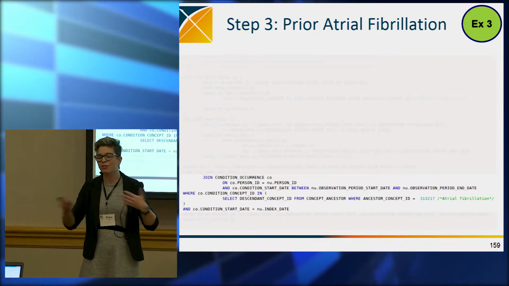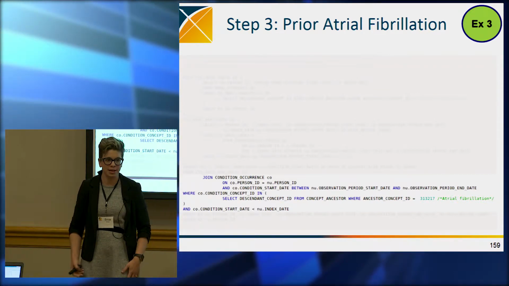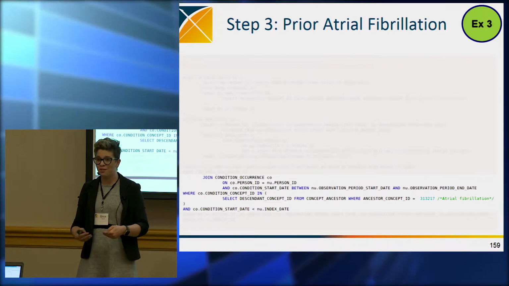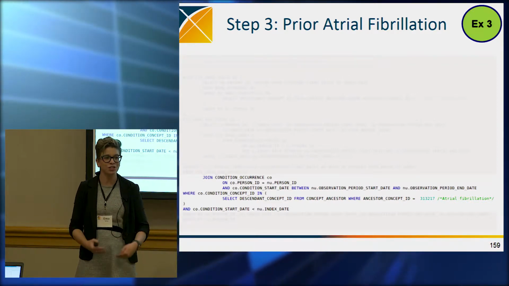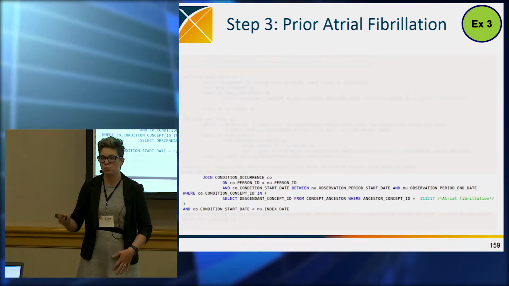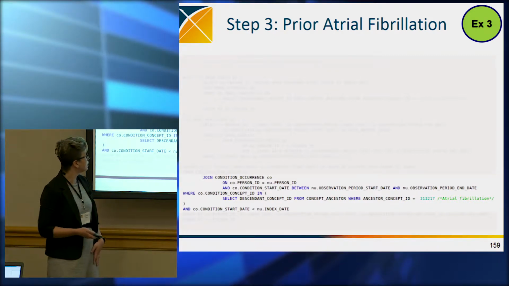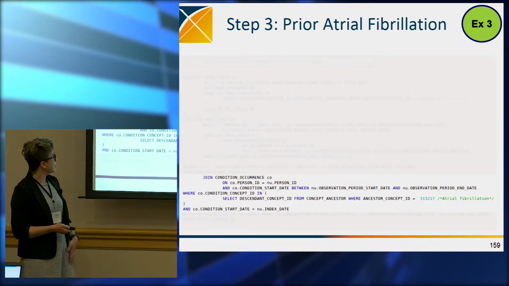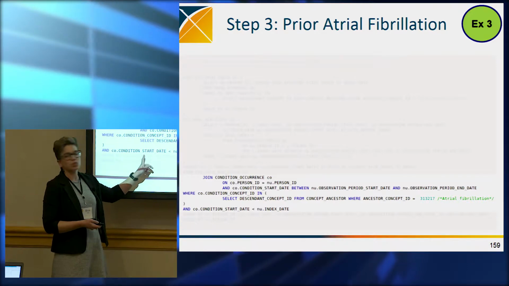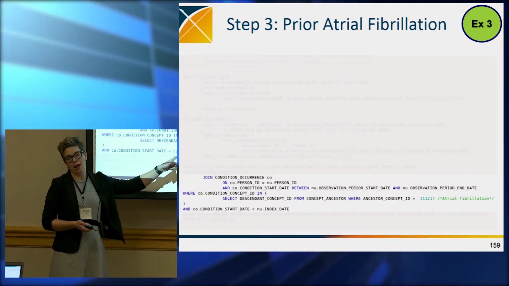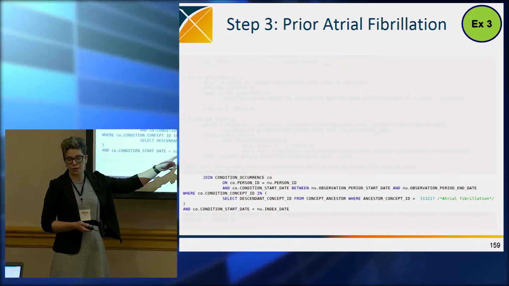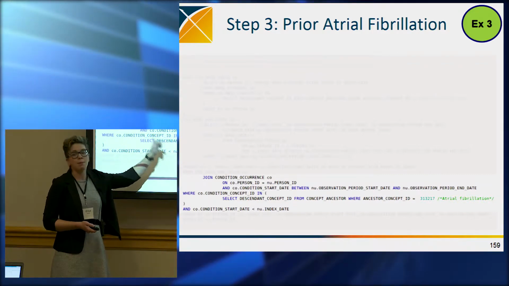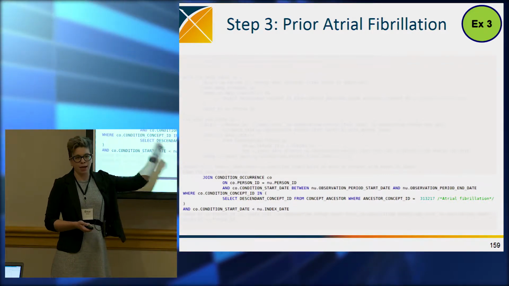And people agree or disagree that that's how you should perform analysis. As long as you're specific in your documentation and your publication, it shouldn't matter, as long as people understand what you've done. And then in this case, I'm basically saying I just want a condition start date anytime before my index date. But I've bounded it already by my observation period.